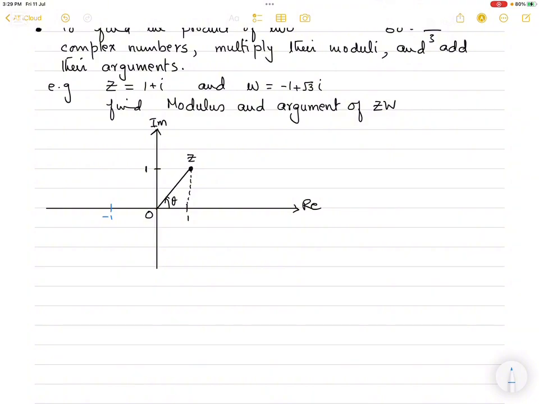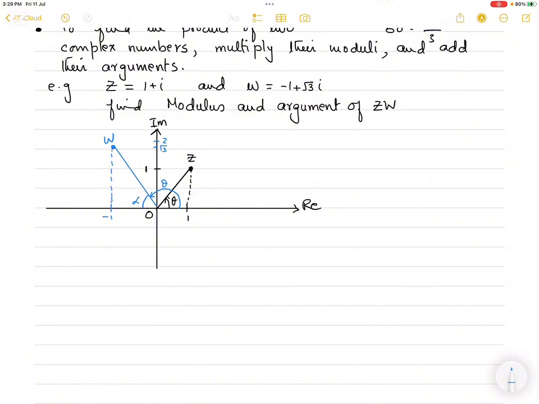So a little below 2 would be root 3. So this is your theta of W. And your principal angle would come here. You can name it alpha.